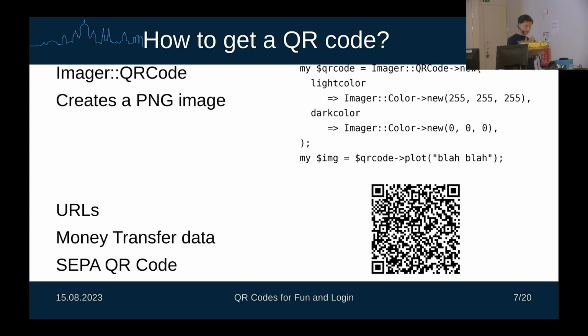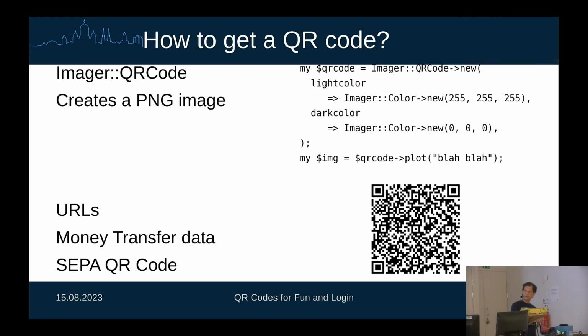Why do you need to think a bit about this string? Well, as I learned earlier this year, there is a standard for providing SEPA credit transfer information in a QR code, which is really great if you want to have payment information like we have for our Perl Club.